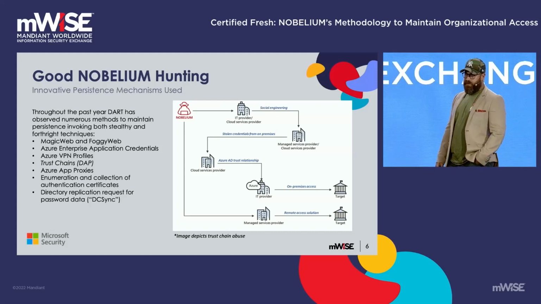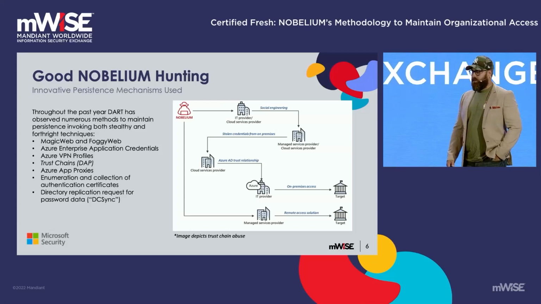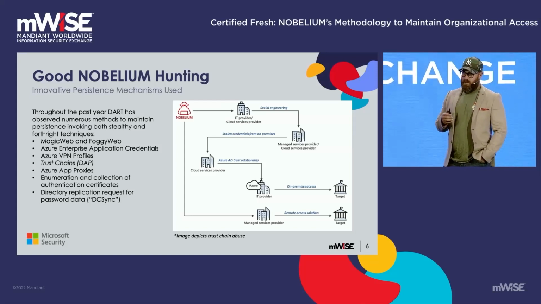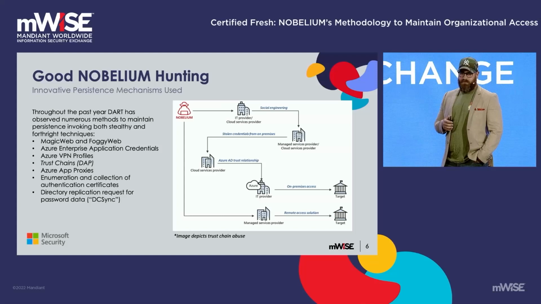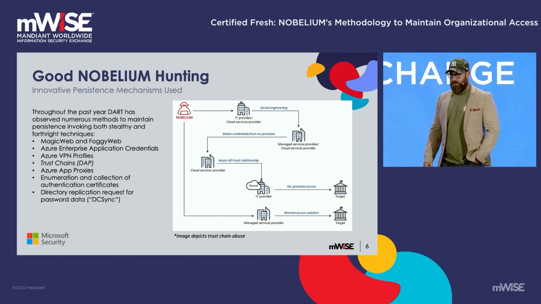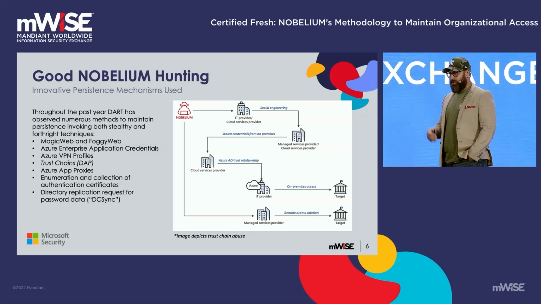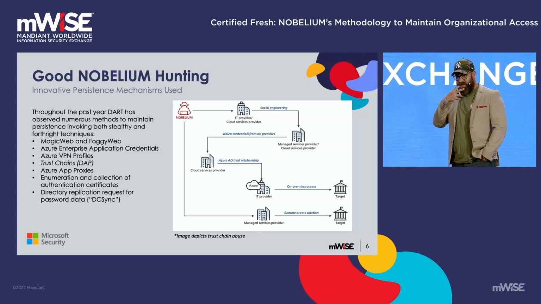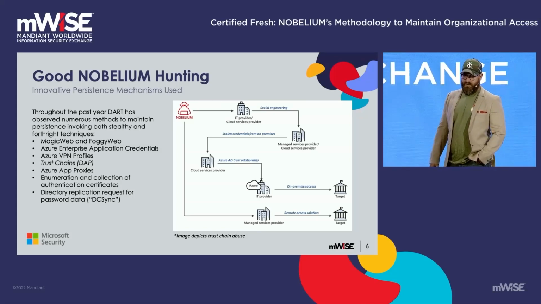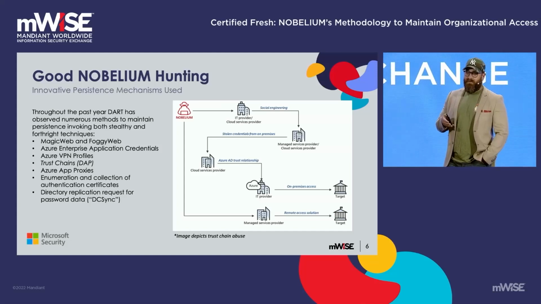Enumeration and collection of certificates, we're going to beat that to death here. There's definitely a lot of certificate hygiene that the global IT world should get better at. And in this specific environment that we're talking about with the image depiction, we're talking about delegated admin privileges.